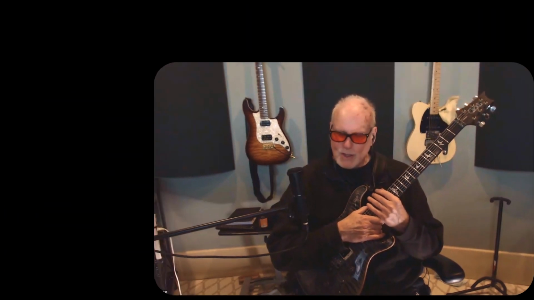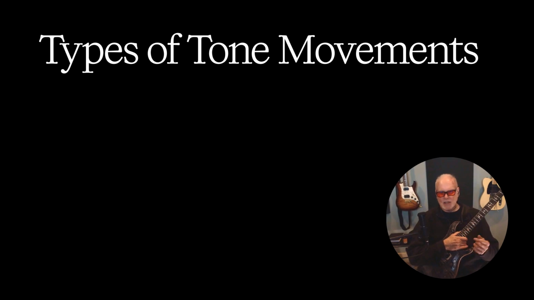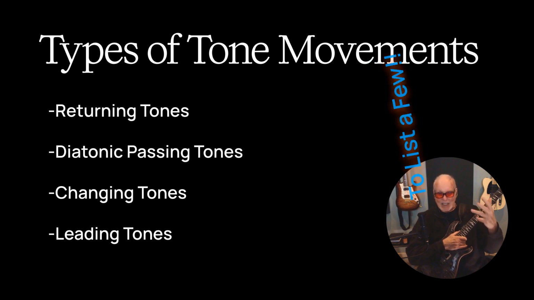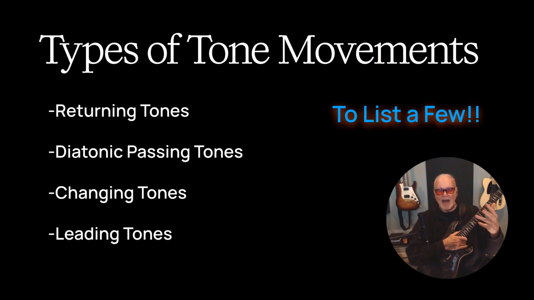The other thing is we have a bunch of different types of tone movements. Okay, so you have returning tones, you have diatonic passing tones, you have changing tones, you have leading tones. Oh gosh, there's a bunch of different kinds of things. I'm not sure I can remember every single one of them right now, but it doesn't matter.